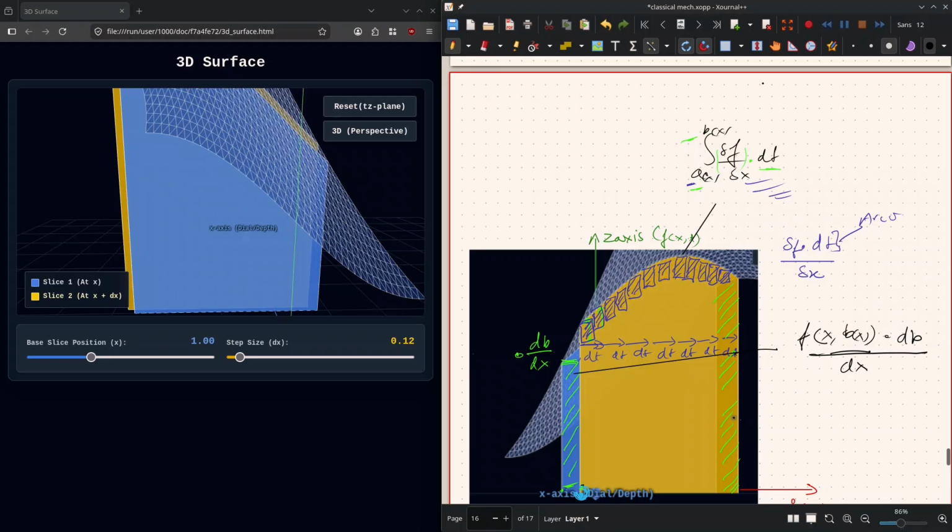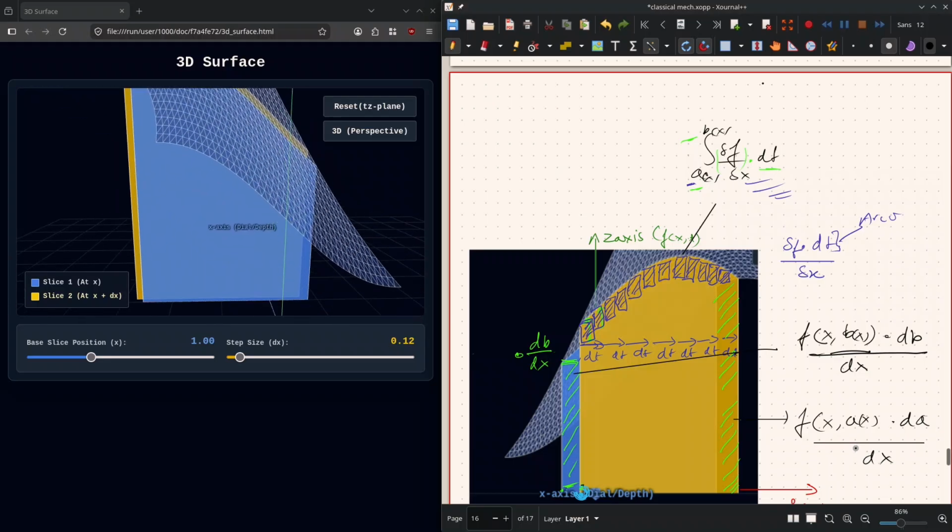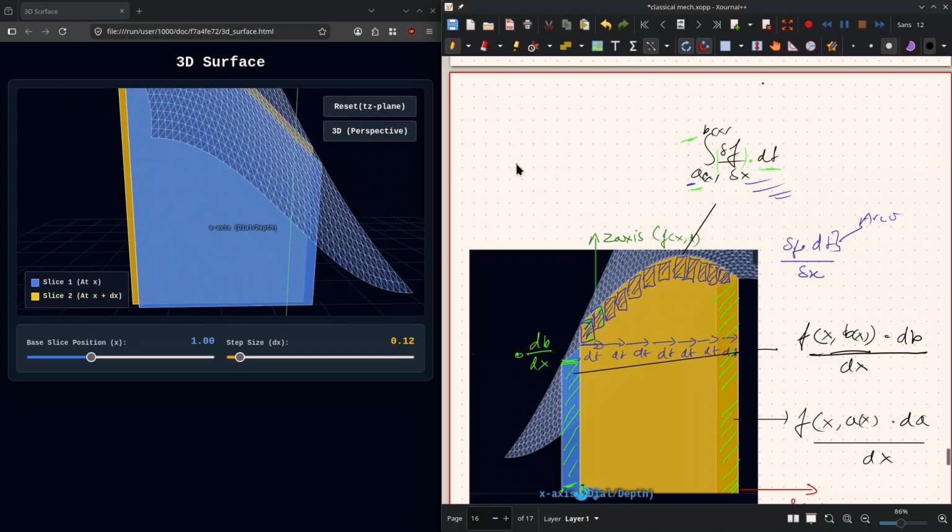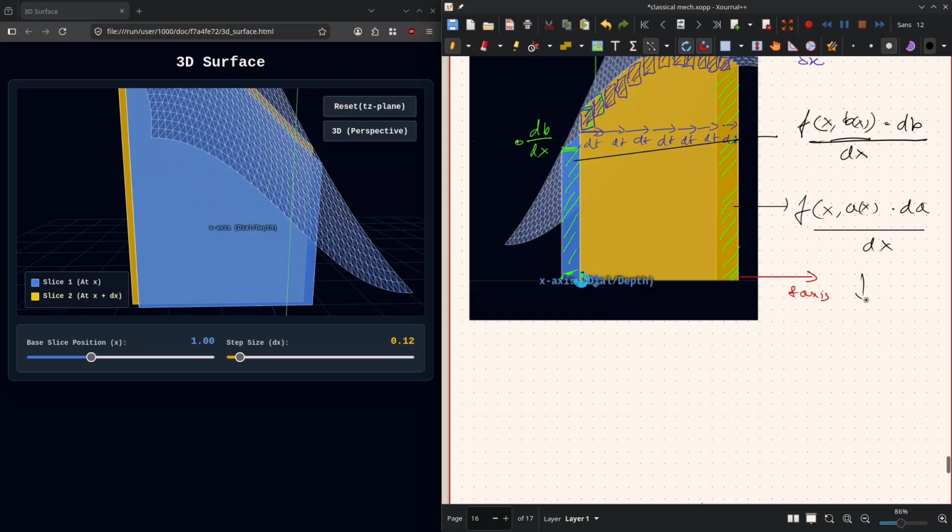Similarly, we have the area of this edge, which is f of x at a of x multiplied by dA by dx.